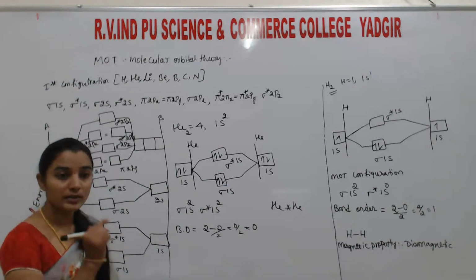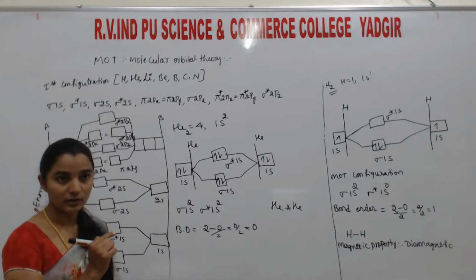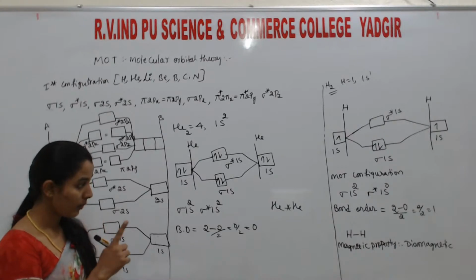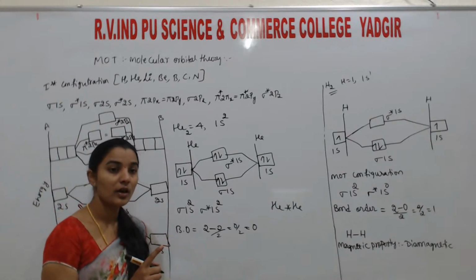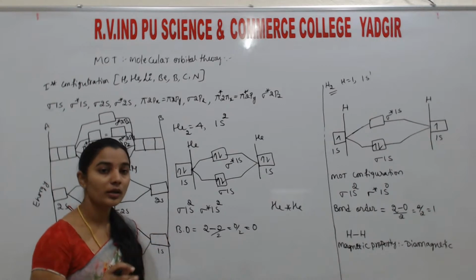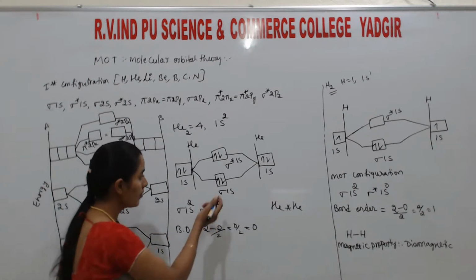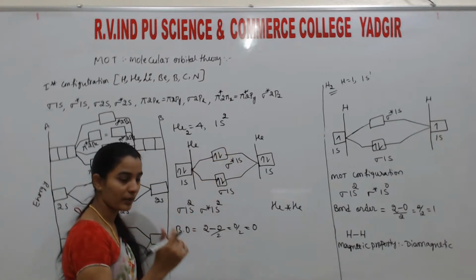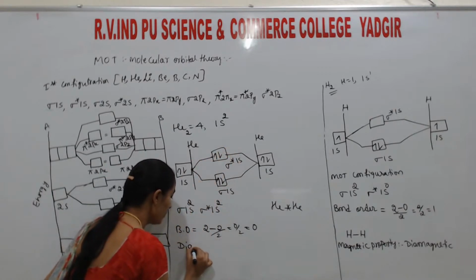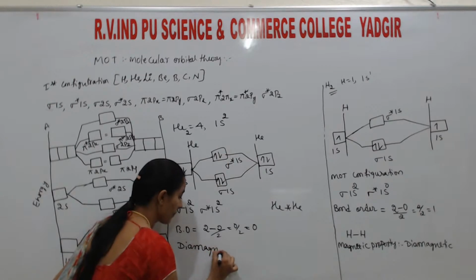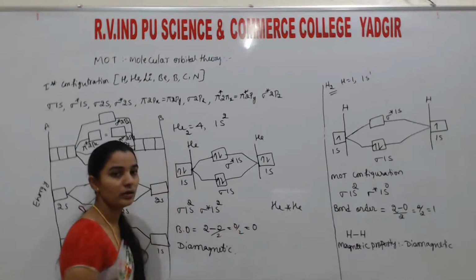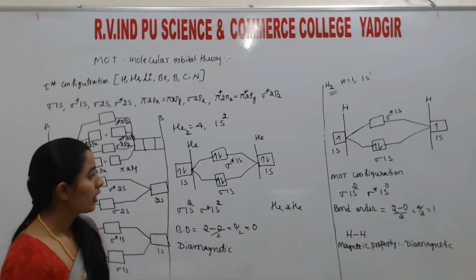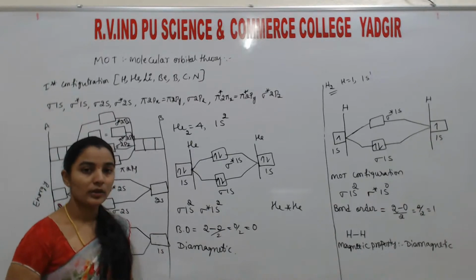Why? Because they have a stable configuration. You know that noble gases have stable configurations and are inert; they do not combine with any other. And remember, this is completely filled, paired up, so it is diamagnetic. This is how to write the molecular orbital diagram for the respective molecule.